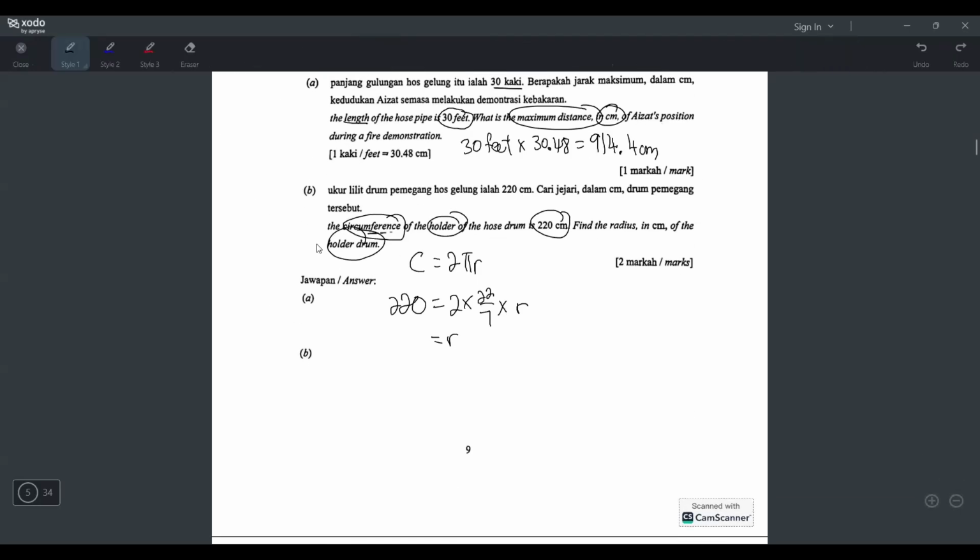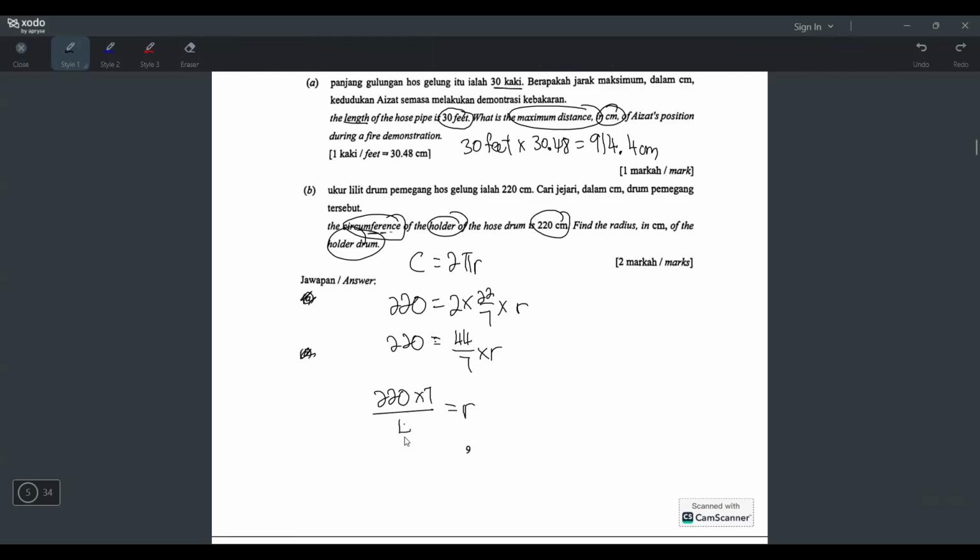How do you press? First I recommend you press 2 times 22/7. Let me write nicely here. So 2 times 22/7 will be 44/7, right? Because you multiply the top, and then this is 220. Now to get the radius, you take 220, divide by 44, times 7.